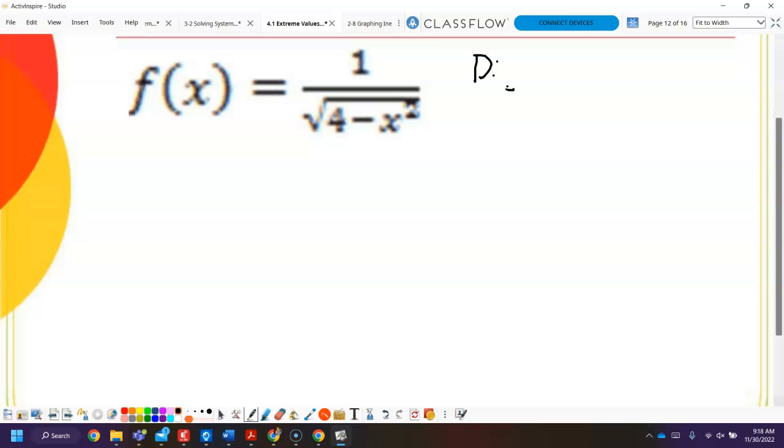What is our domain? The domain is going to come from the fact that 4 minus x squared must be greater than 0. And because it is in the denominator, it is not equal to 0. If that square root was up top, then it could equal 0, but it can't because it's in the denominator.